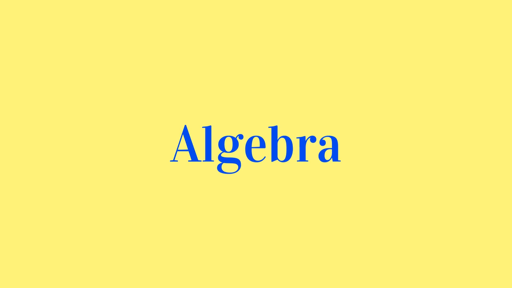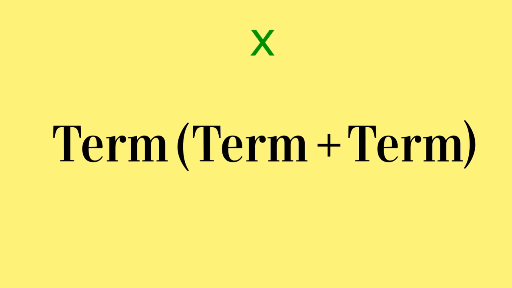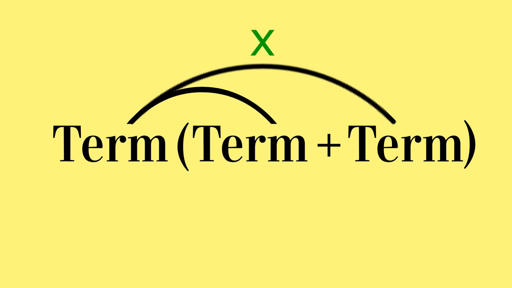In algebra, expressions often contain brackets. We can expand or multiply out these brackets by simply multiplying the terms inside the brackets by the term outside the brackets.